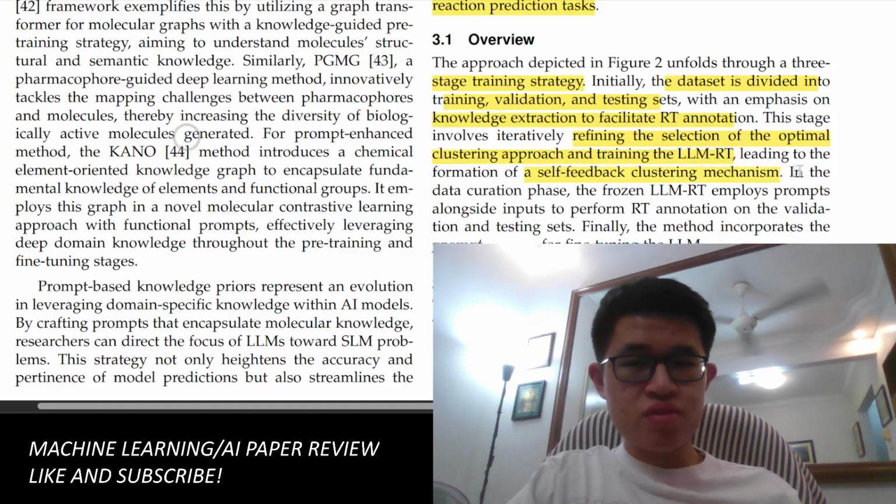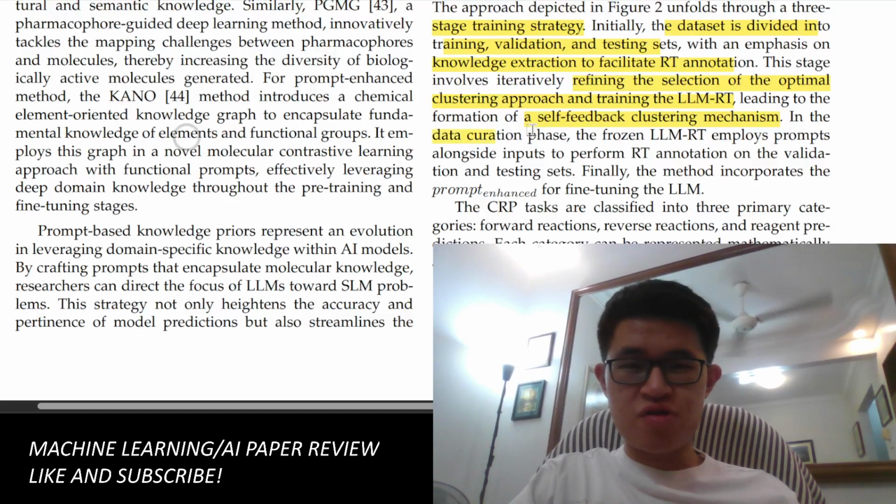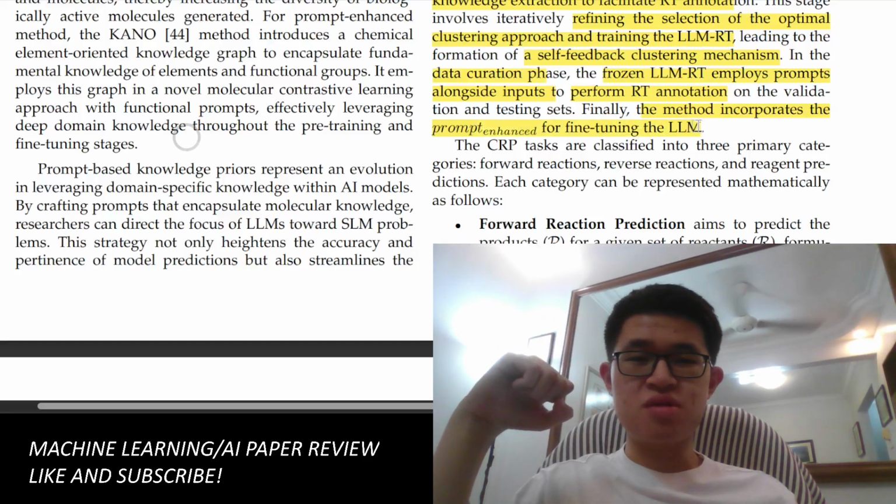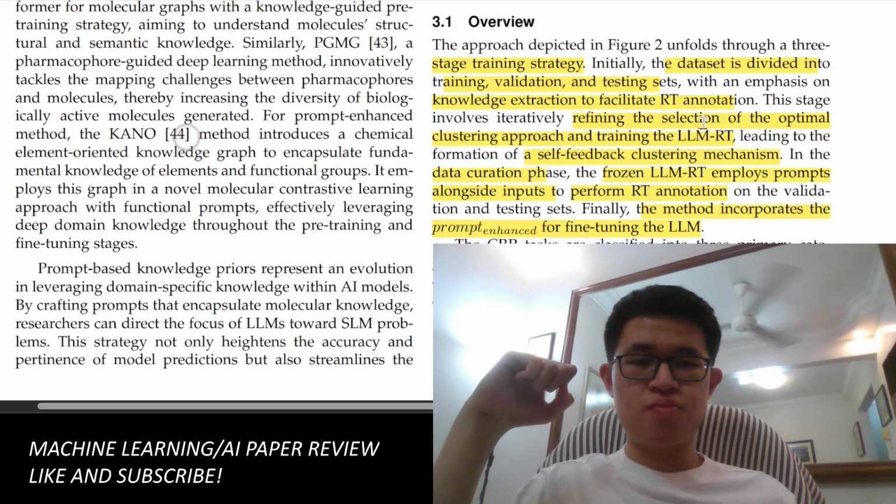In the data curation phase, the frozen LLM uses prompts along with its inputs to perform reaction type annotation on the validation and test sets. And finally, the method uses the enhanced prompt for fine-tuning the LLM.